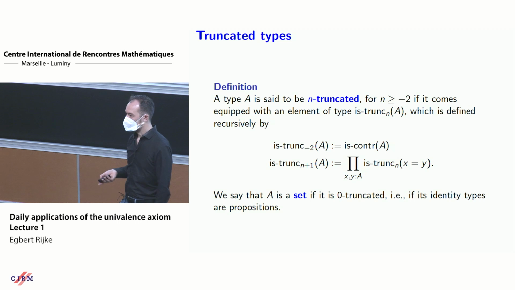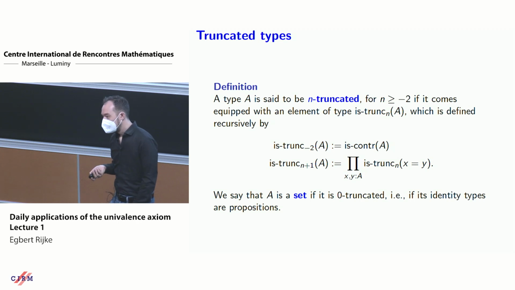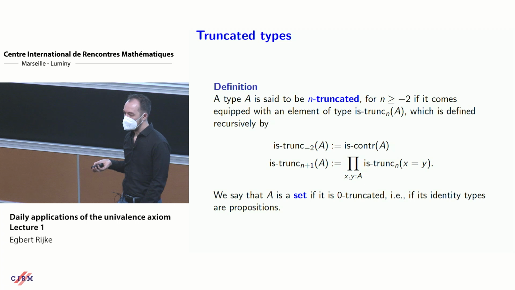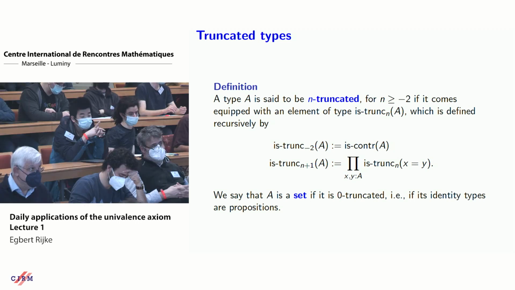And so when we're discussing groups, the underlying type of a group will usually be a set. And then we can do things like Brave New Algebra or something like that, where the underlying types don't need to be sets, but can be higher up or completely untruncated.